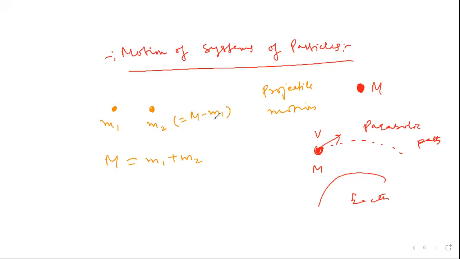m2 is capital M minus m1. Now if I connect, for example, these two masses by some spring, then I throw this combination of masses in the gravitational field, right?